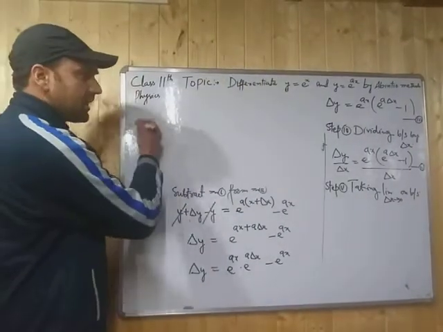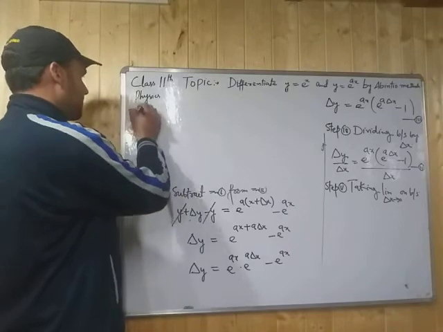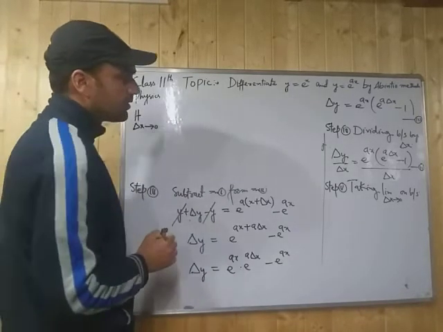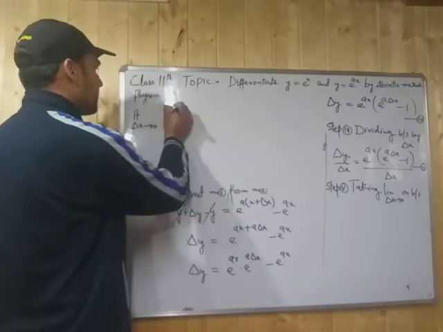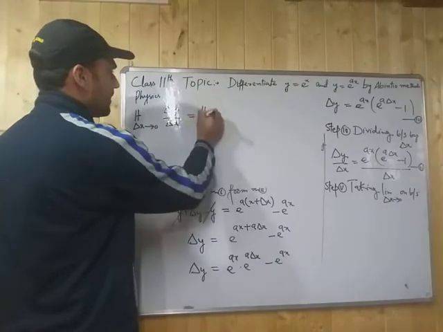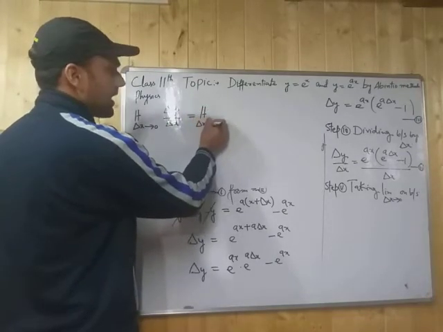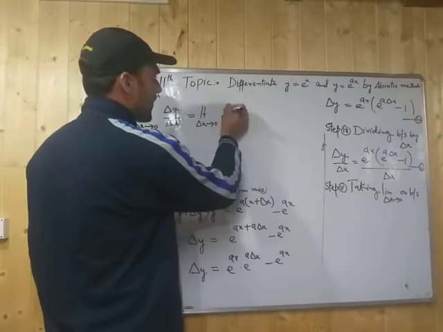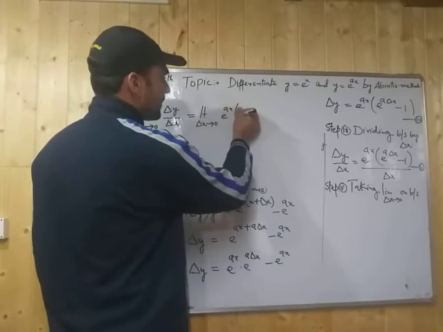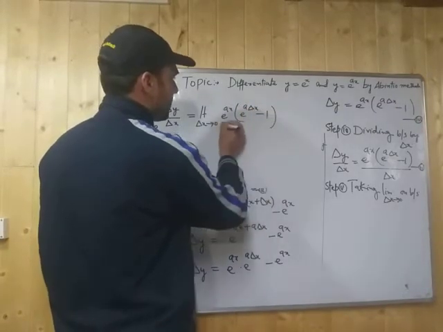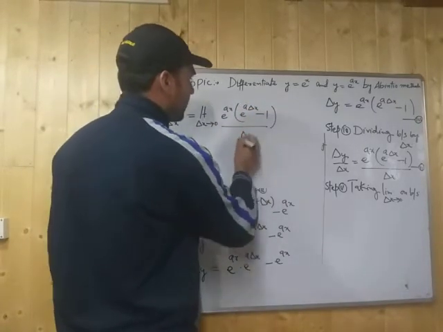So here we will apply the limits. Limit del of x approaches 0 of del y divided by del x is equal to limit del of x approaches 0 of e raised to power ax into e raised to power a del of x minus 1 divided by del of x.